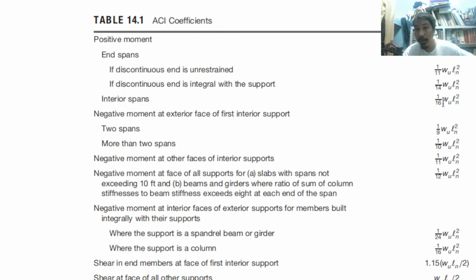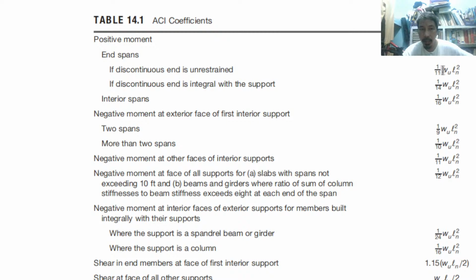That is the positive moment, 1 over 16 if the span is interior. If the span is exterior or at the end, look at whether the end is unrestrained or integral with the support. Integral with the support, 1 over 14.